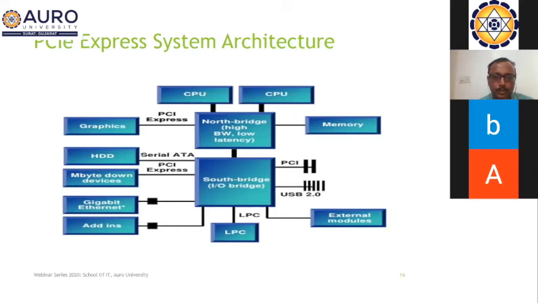But North Bridge is where they attach very high performing devices, for example your DDR or graphics card, and nowadays they will attach a PCI switch and then attach a lot of SSDs to those.